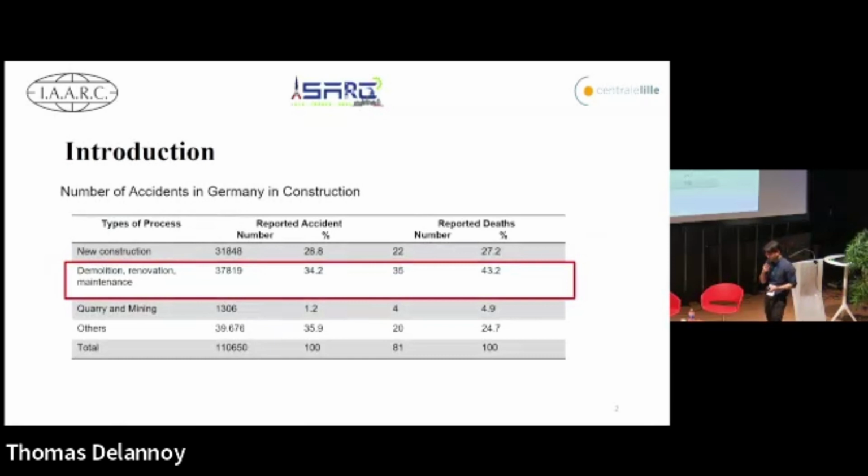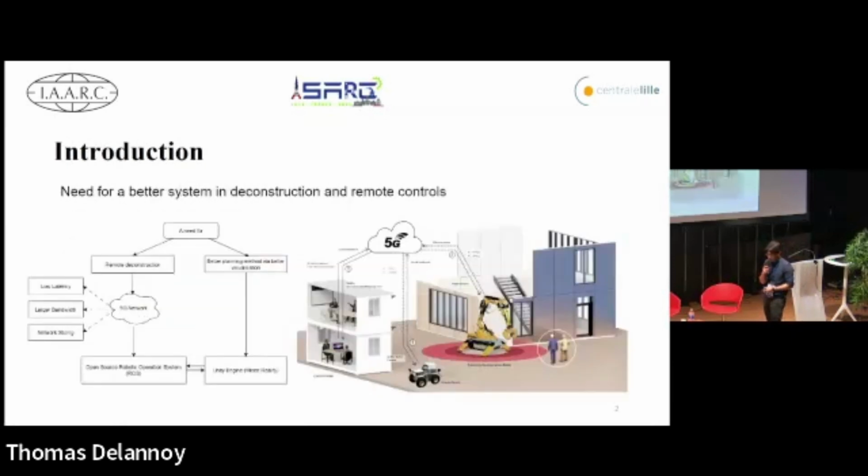So it's clear to us which process we should be focusing on right now for automation. And what's better than to remove the people from the deconstruction tasks by having a remote control system.